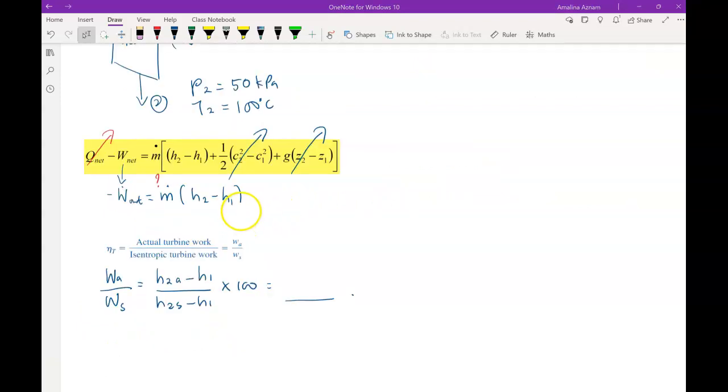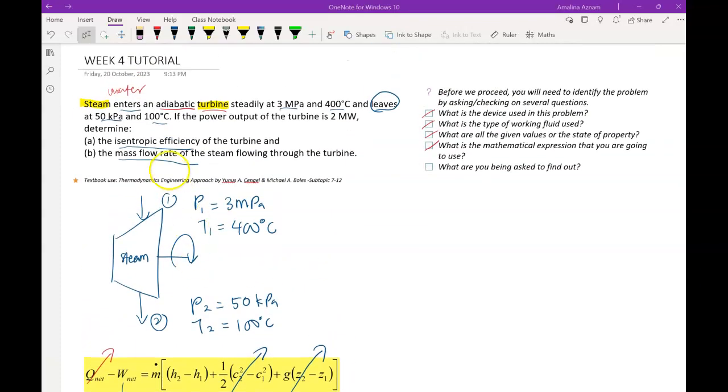I'm going to have two mathematical expressions. One is used to find your m dot, and the other one is used to find your isentropic efficiency. With the mathematical expressions shown, you are already able to identify how you are going to find the things you were asked. In the second part of the video, we will try out together how to solve this problem.